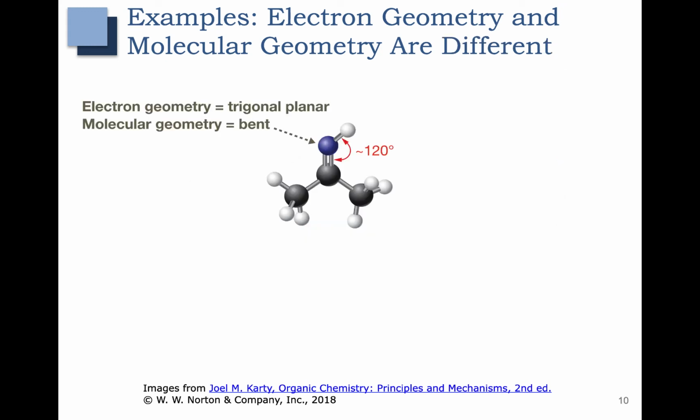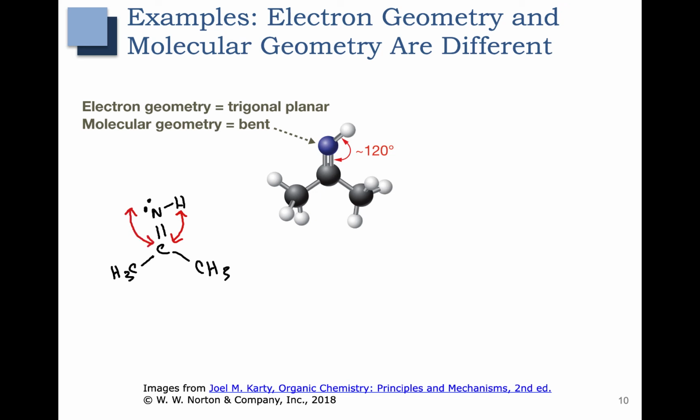Here's an example where the electron geometry and the molecular geometry are different. The molecule shown here has a lone pair on the nitrogen. So here's that nitrogen shown in blue, and the angle that we're looking at is the hydrogen-nitrogen-carbon angle, or the lone pair nitrogen-carbon angle.